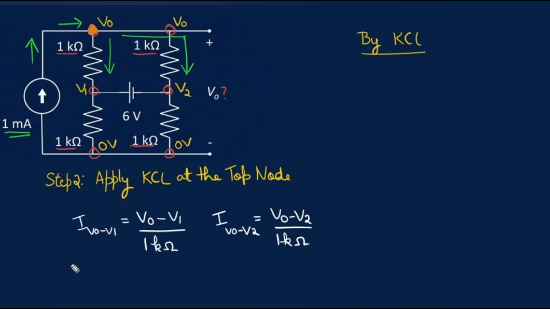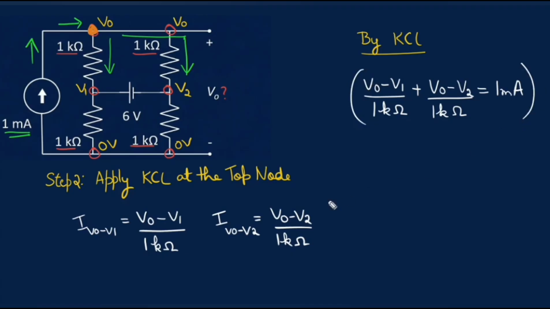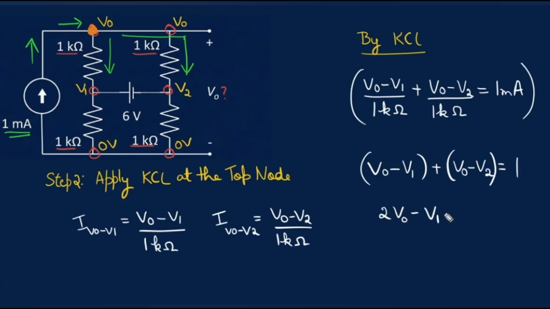Therefore, by KCL, (V0 minus V1)/1 kilo ohm plus (V0 minus V2)/1 kilo ohm equals 1 milliamp. Multiplying throughout by 1 kilo ohm, we get V0 minus V1 plus V0 minus V2 equals 1. Simplifying, we obtain 2V0 minus V1 minus V2 equals 1. This is our very first equation.